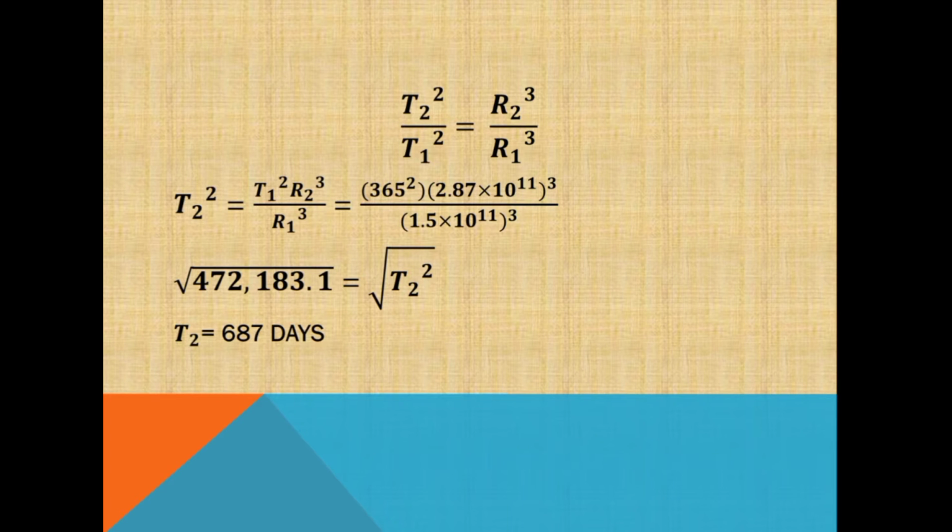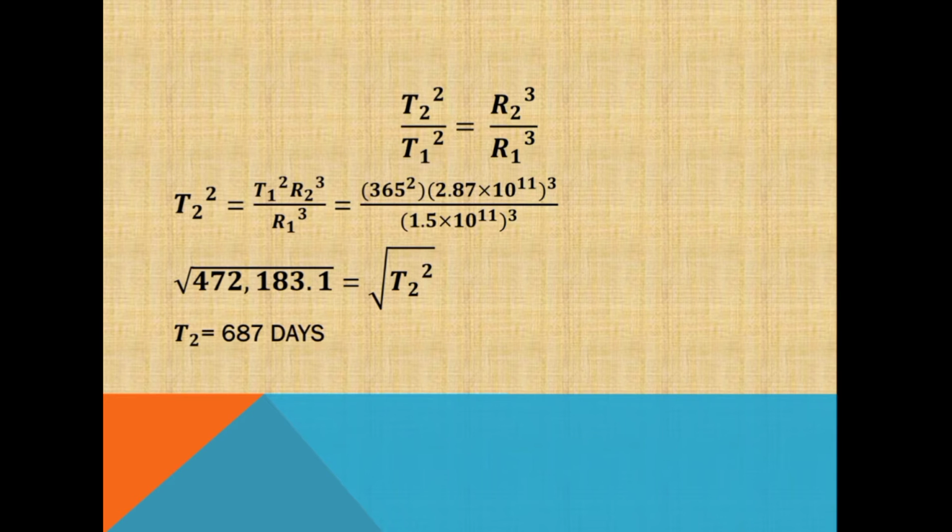365 days is the period of the Earth's orbit around the Sun. So 365 days is T1, and then R2 is equal to 2.87 times 10 to the power of 11 over R1, which is 1.5 times 10 to the power of 11. Then you have to compute that.